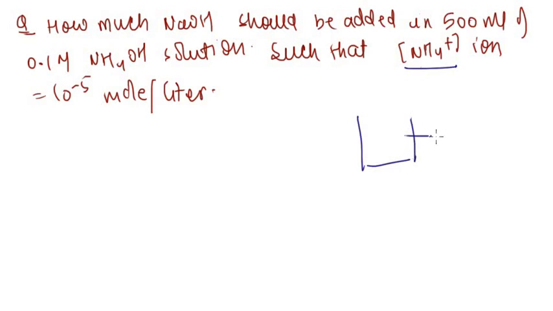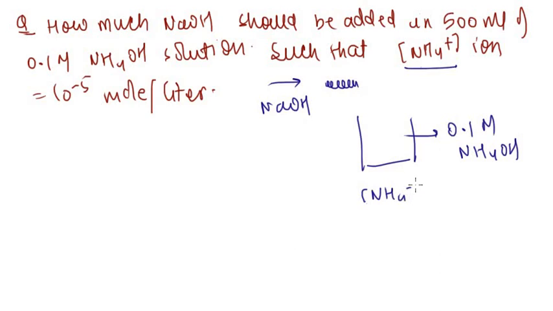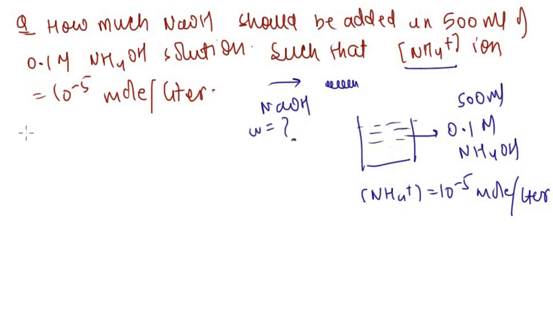So it is 0.1 molar NH4OH, and suppose this is NaOH, such that the NH4 positive concentration is 10 raised to power negative 5 mole per liter, or molar we can say, and the volume given is 500 ml of the solution. So we have to calculate the mass of NaOH actually.